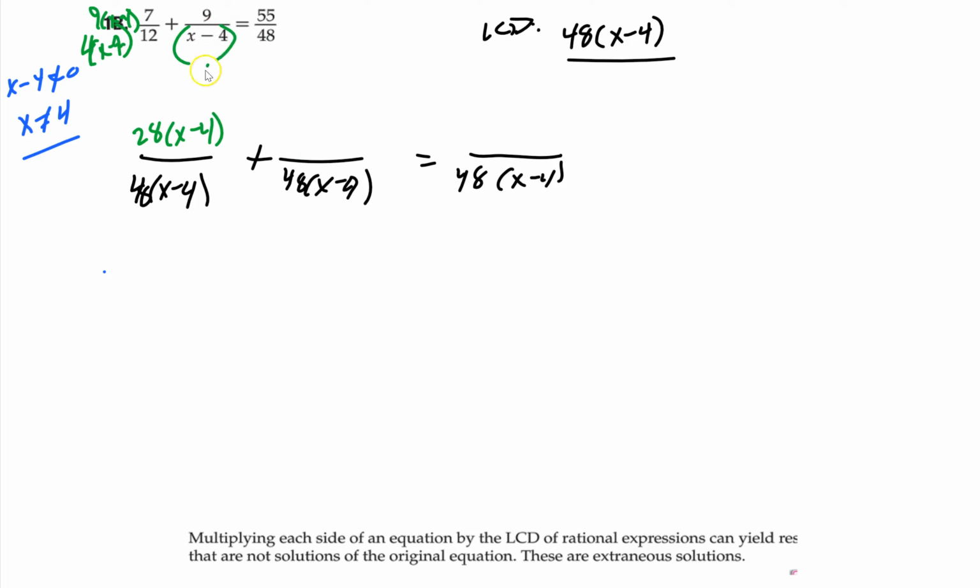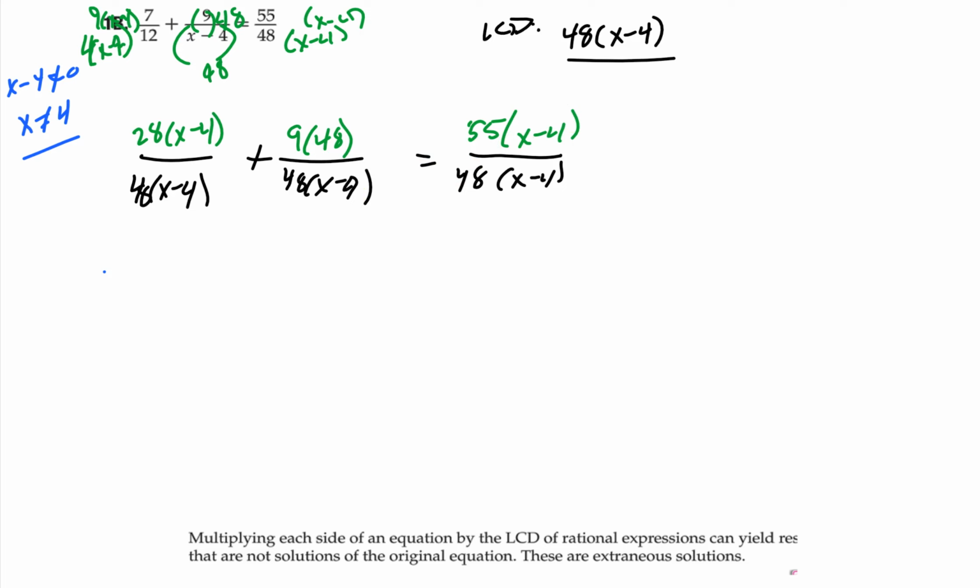It has the x minus 4 already. That's 9 times 48. And then over here, we already have the 48, we're missing the x minus 4. So that's going to be 55 times x minus 4. Right, so that's our setup.